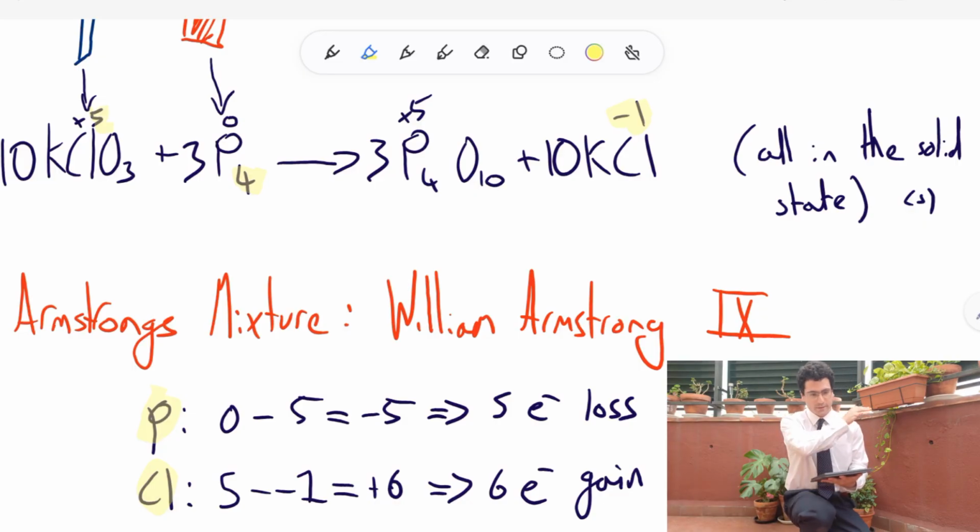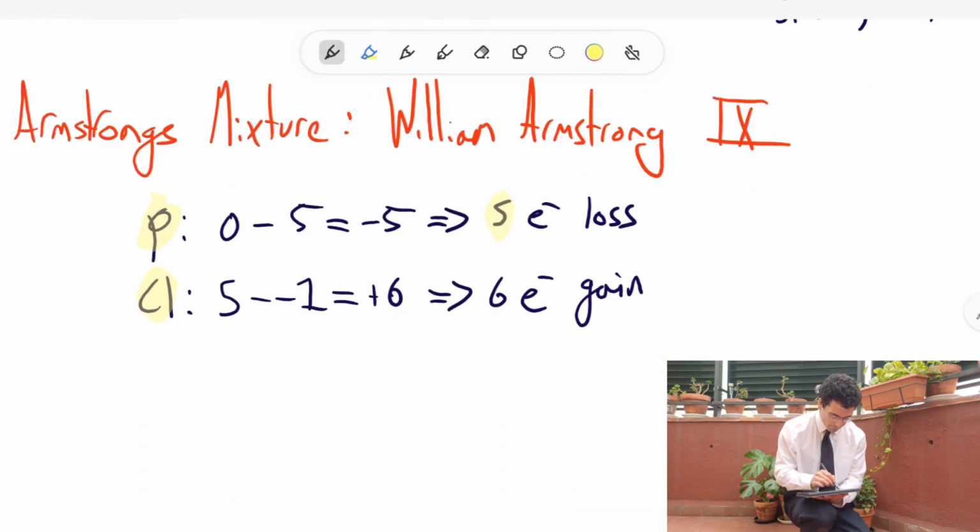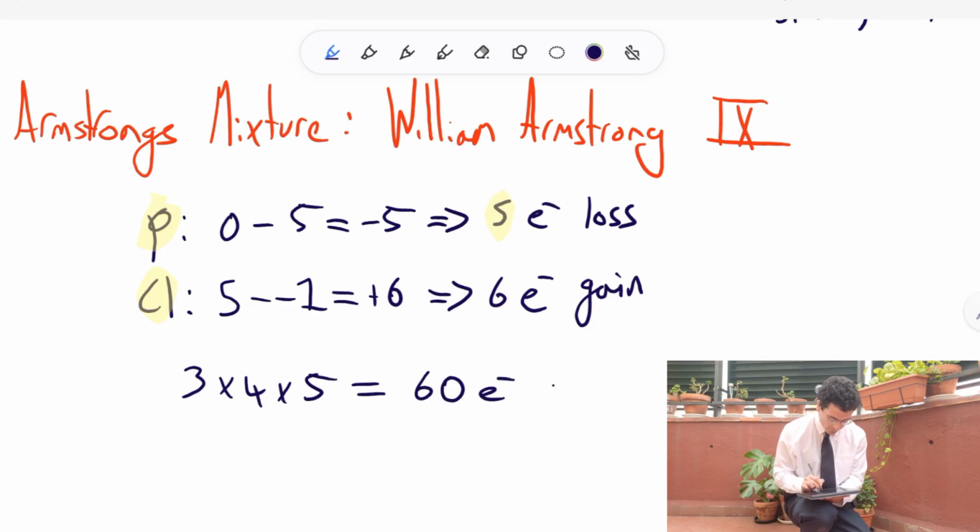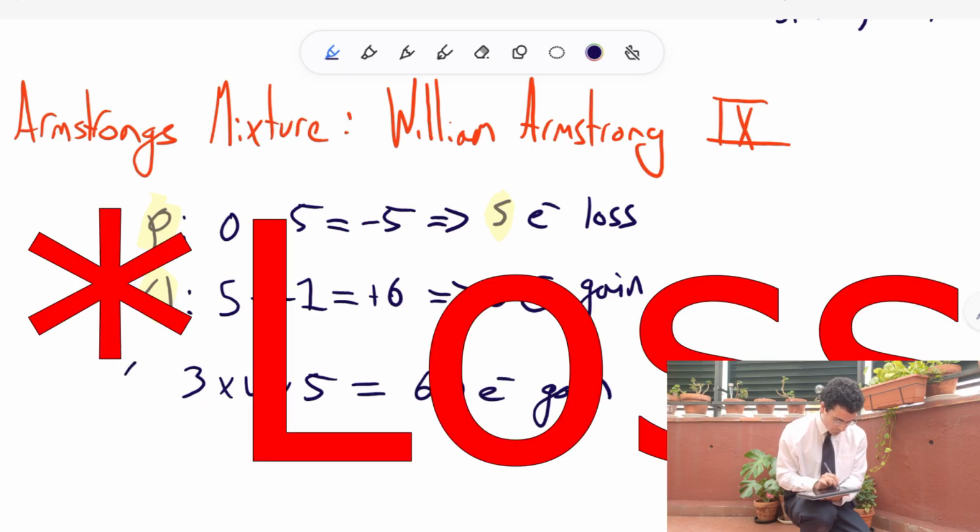Of course, red phosphorus is an entire lattice of phosphoruses, but there are 4 per empirical unit. And we see that there are 3 in the balancing, which you just have to trust me on until I prove it to you. So it would be 3 times 4 times 5 electrons lost, which gives us 20 times 3, which is a 60 electron loss. And this is of course for phosphorus.